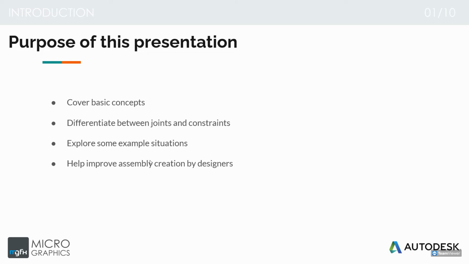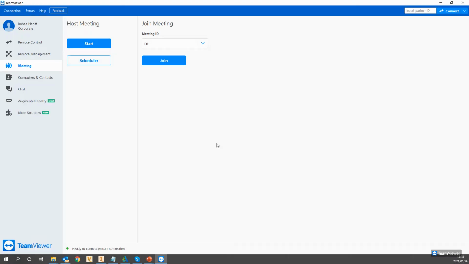The whole aim of this is to improve assembly creation by designers, because we often see in industry, people are making quite complex assemblies, or they try to make quite complex assemblies, and they end up with a lot of errors with regards to constraints and things conflicting with each other, relationships and constraints conflicting with each other.